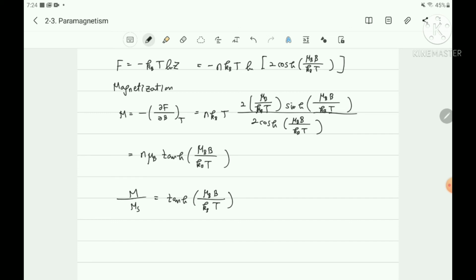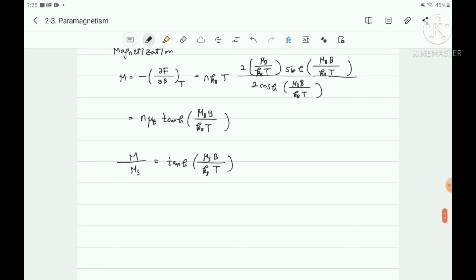Here it is the simple description for the spin up state or the spin down state of a single electron. And we should think about the general spin state.